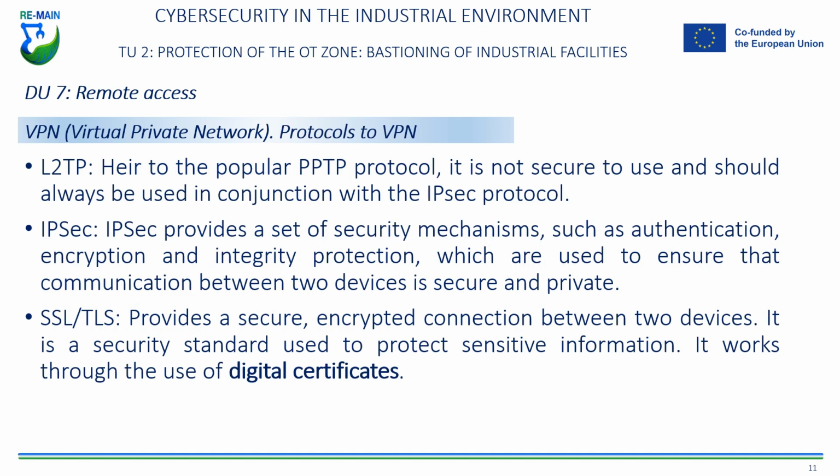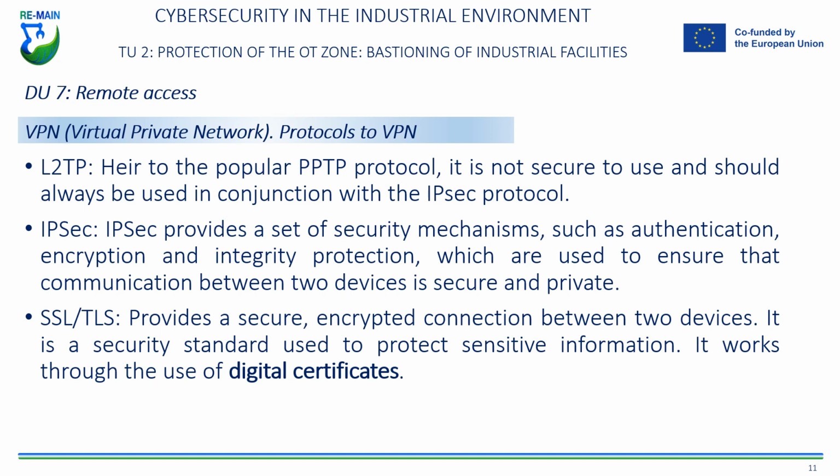The L2TP protocol, also known as Layer 2 Tunneling Protocol, is a VPN protocol that is currently used for VPN networks. It is the heir of the popular PPTP protocol and was created to correct all its flaws. However, by itself it is a VPN protocol that is not safe to use.